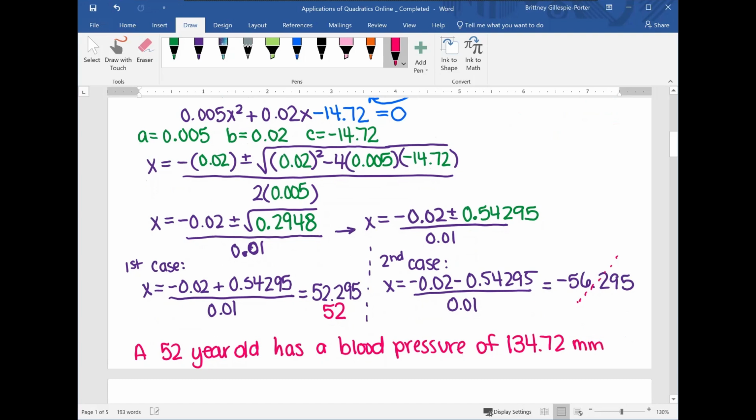Again, you have to be able to explain your answer. If we just tell them our answer is 52, they won't know what we're talking about.